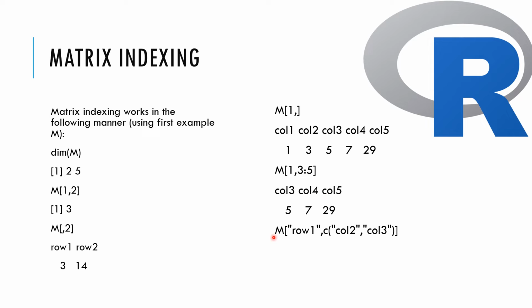Similarly, you can also display the values using the names of the rows and columns. So you can just mention the name of the row here, and after the comma the names of the column. If you want multiple rows, then you use the c function this side as well. So this will give you the result here. So we can do it this way.